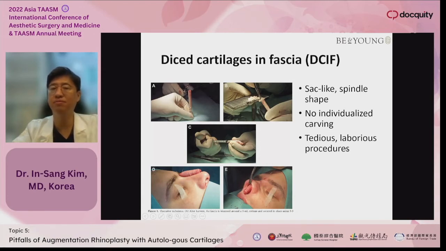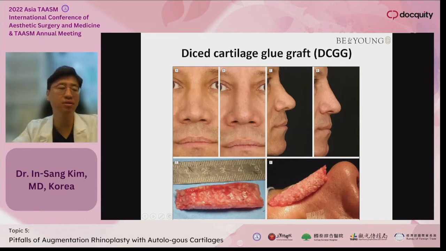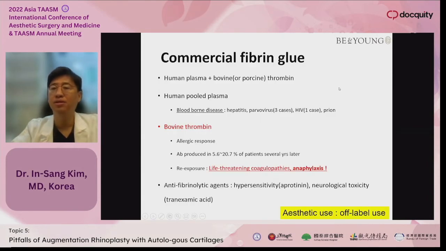These are the problems. Another technique is diced cartilages with glue, but commercial fibrin glue has a problem because it contains bovine thrombin inside, and this bovine thrombin can induce some allergic response, sometimes life-threatening coagulopathies, even anaphylaxis.